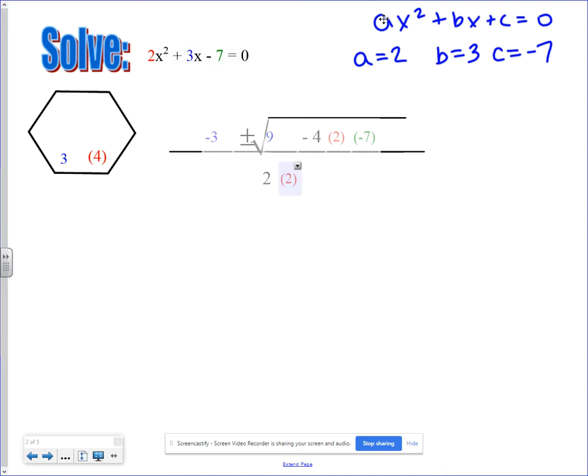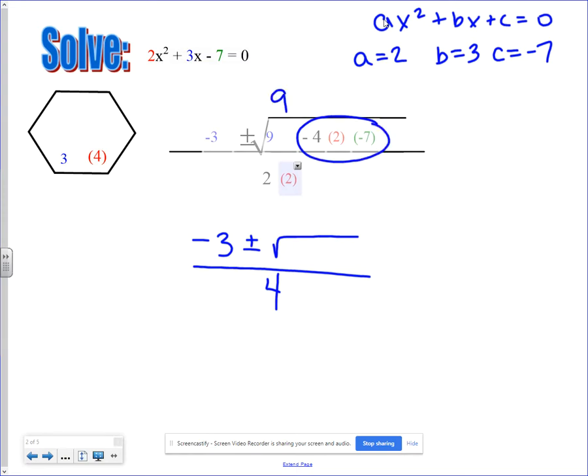Now, let's reduce this. Let's simplify this. So the negative 3 out front, we can't do anything with it. 2 times 2 on the bottom is 4. So what we've got to do is figure out what's under this square root. Well, we're going to have to do order of operations. So the first thing we're going to have to do is our multiplication. So we can't do anything with this 9.